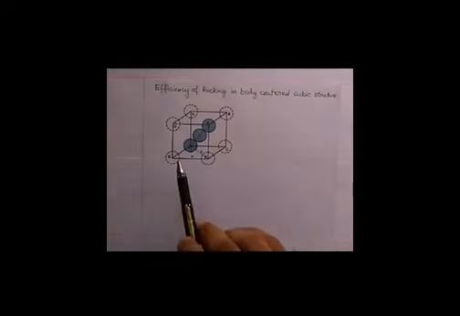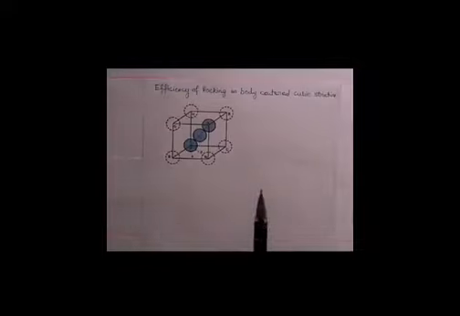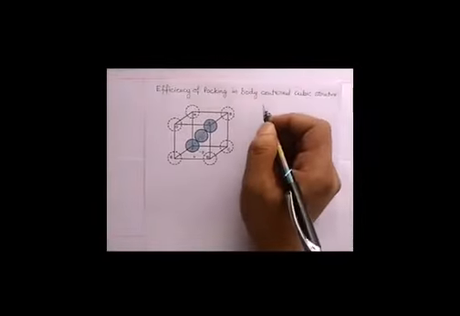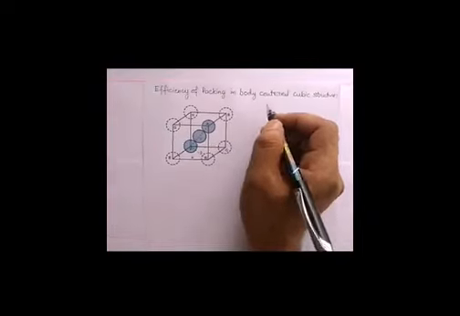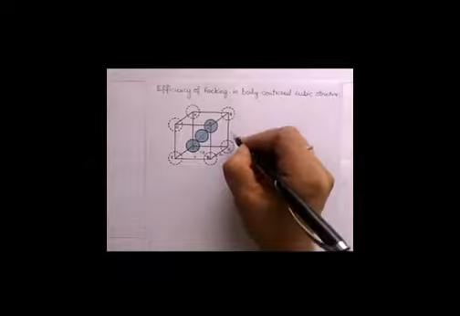One for this and one for the other remaining spheres which are contributing some part into the cube. So now let's start. Side is A for this cubic cell also.